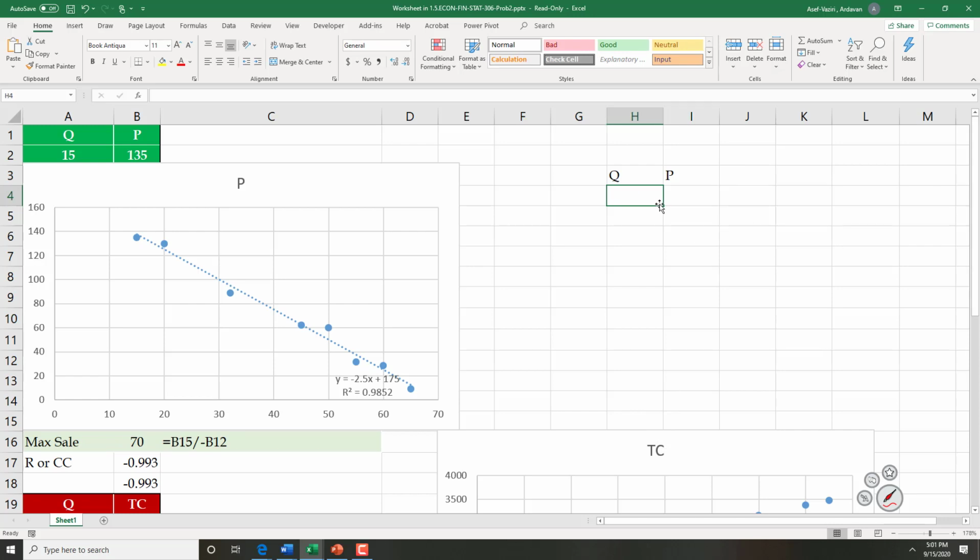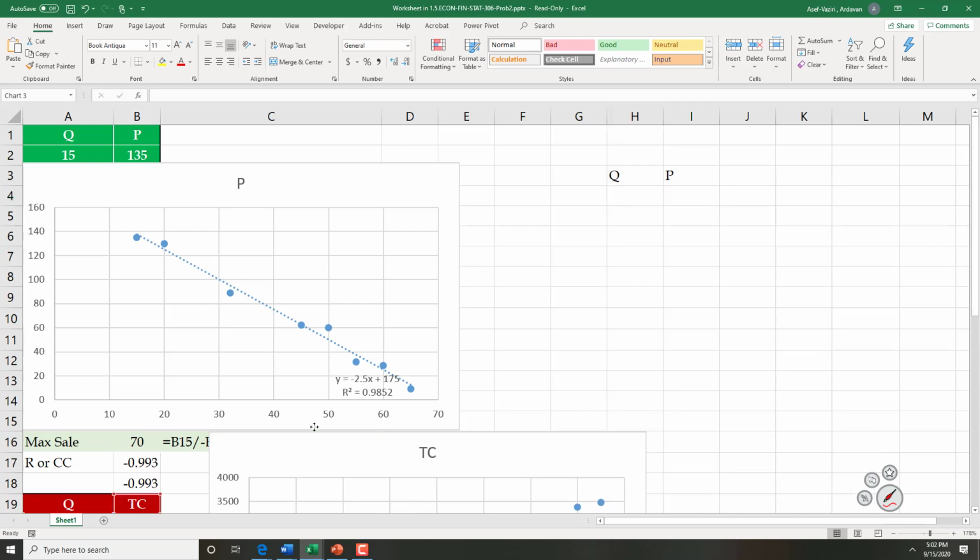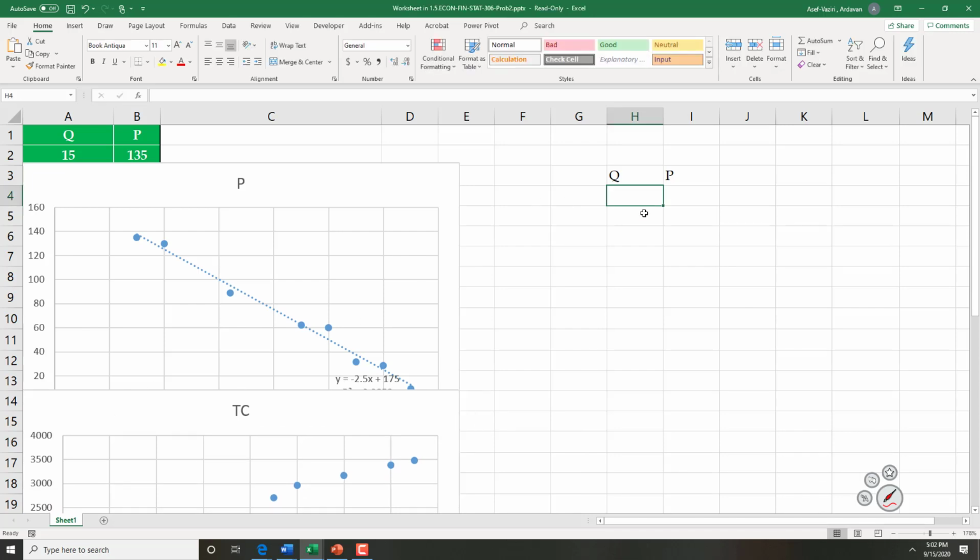So I'll come to Q. The first thing I should do, I type 0 here. Then I right click on this corner, I come down, release it, series, please go to, for example, 75 with a step of 1, not in a row, but in a column. So those numbers are there.